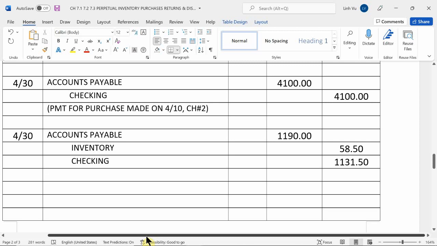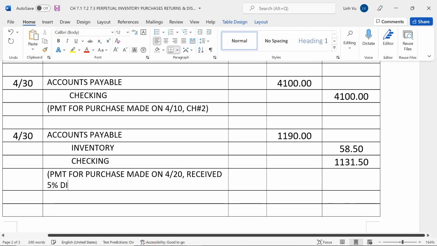And now this time I'm going to recognize payment for purchases made on April 20th. And I'm going to recognize that I received a 5% discount. And I wrote check number 3.